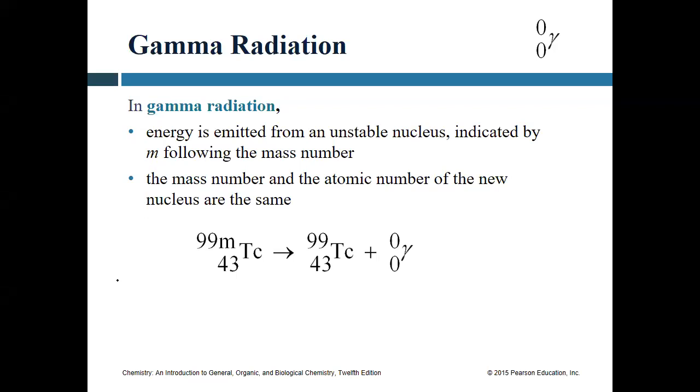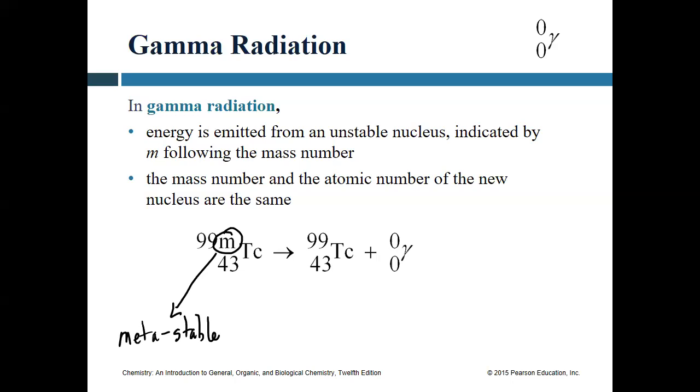Another form is like this. This M here refers to something called metastable. You don't need to know what that is, and you don't need to write that down necessarily. Just know that basically it means that it's stable-ish.